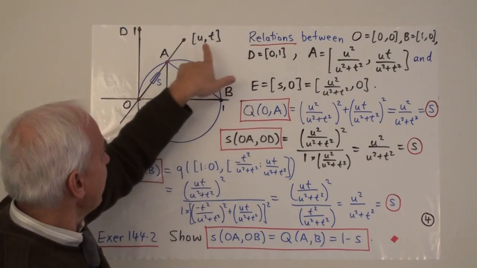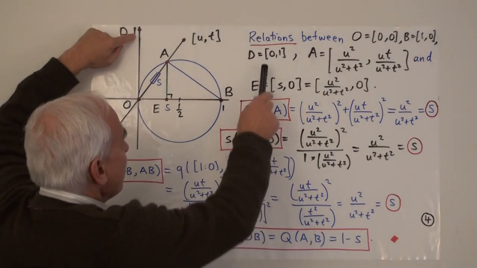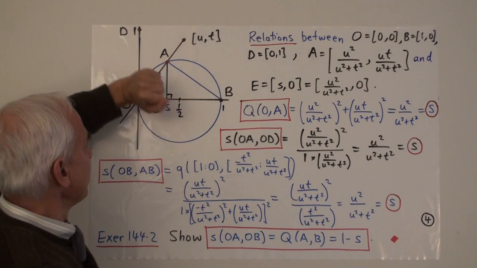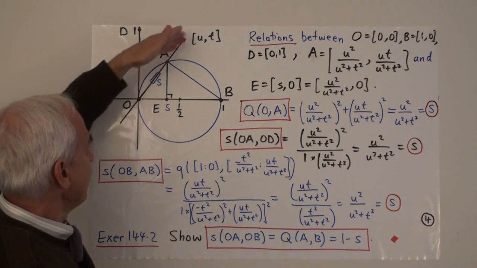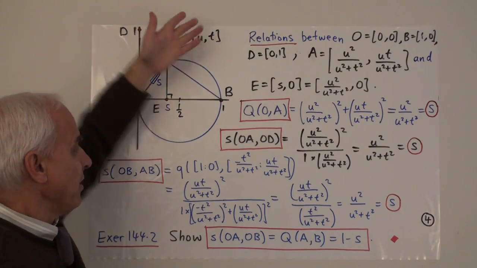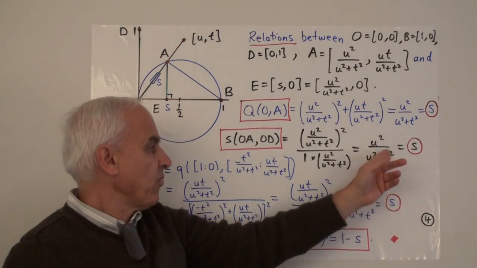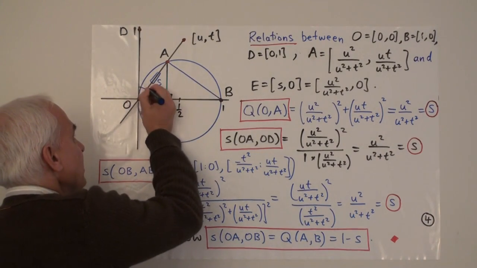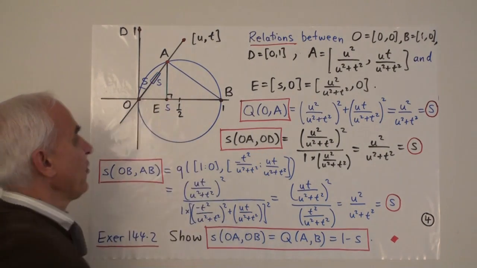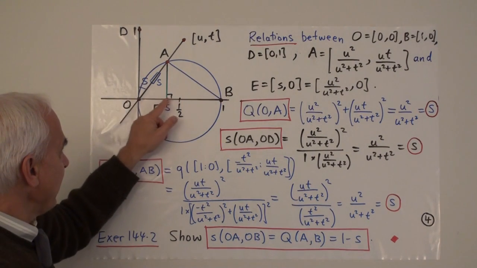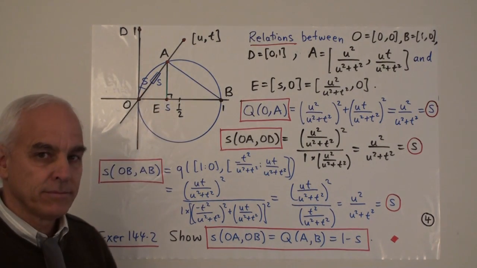Or if we did it between 0, 1 and A, we would get this expression. But actually it's simpler if we just look at it as the line UT and the line 0, 1, and the projective quadrance between them is u squared over u squared plus t squared, which again is S. So we can say that this spread here, which I'll write like this, is S. The value of this spread is exactly the same as this coordinate here.